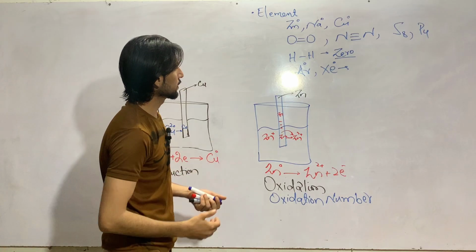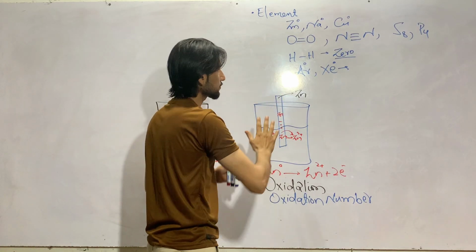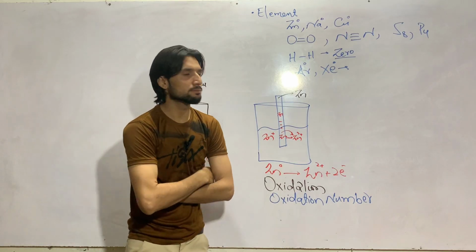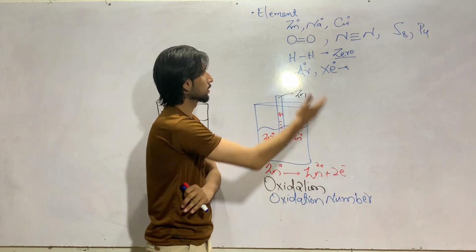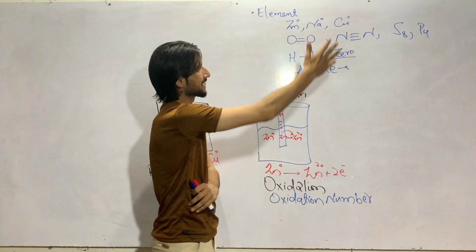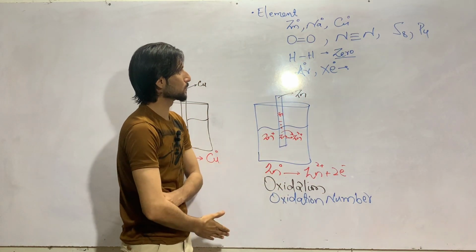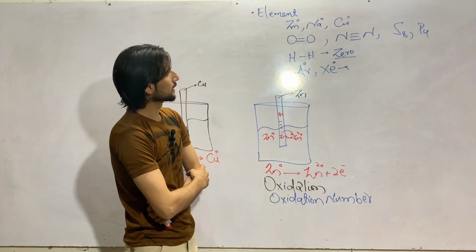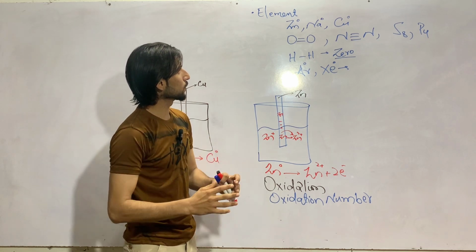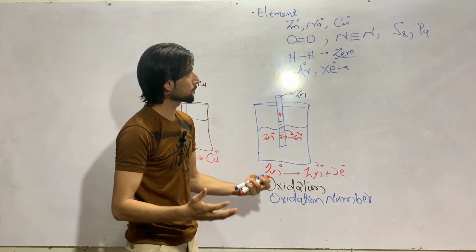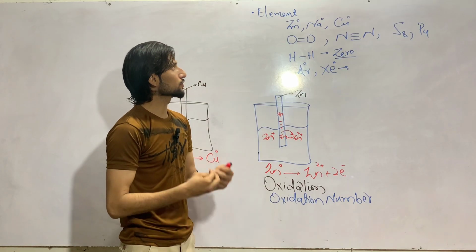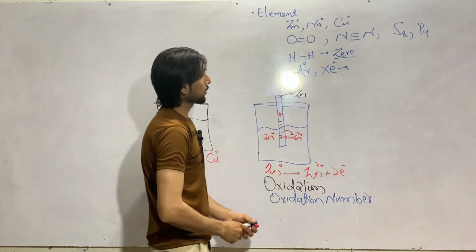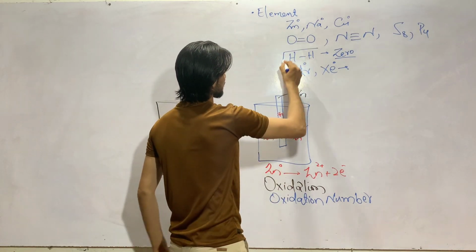So now we learned that elements, if we find them in monoatomic form, or diatomic molecules, or polyatomic molecules, or metallic elements, when there is nothing attached to them, we'll find them in zero oxidation state. Okay. Now, I am finding hydrogen over here in zero oxidation state.